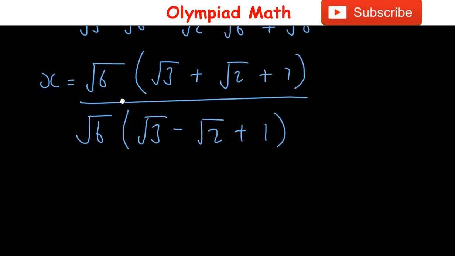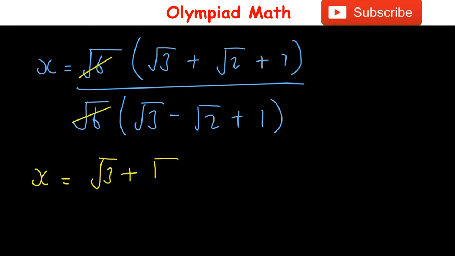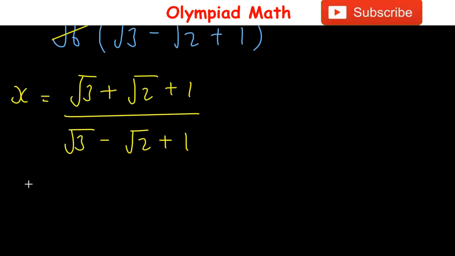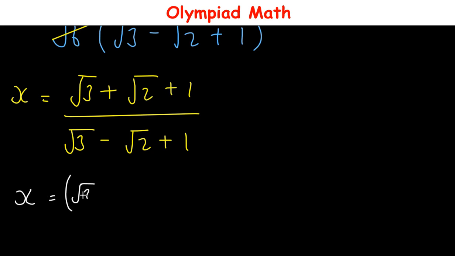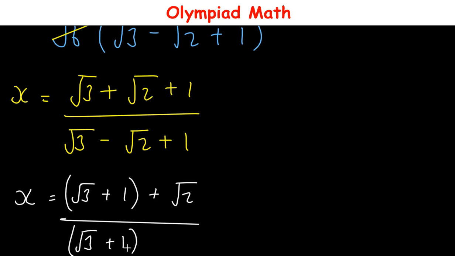So with this, the square root of 6 cancels, and we have the value of x equal to square root of 3 plus square root of 2 plus 1 divided by square root of 3 minus square root of 2 plus 1. Next, this equation can be written as x equal to, in bracket, square root of 3 plus 1, then plus square root of 2, divided by, in bracket, square root of 3 plus 1, then minus square root of 2.